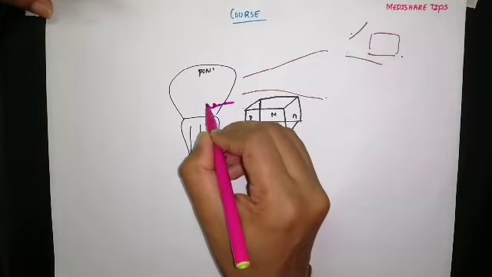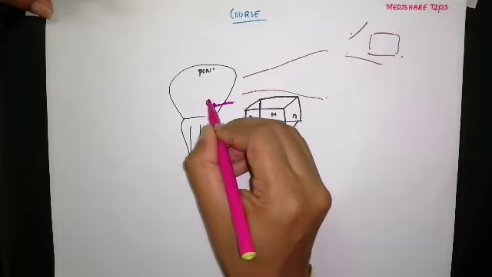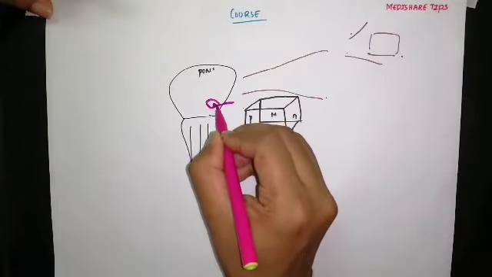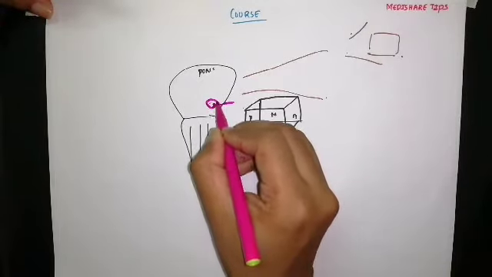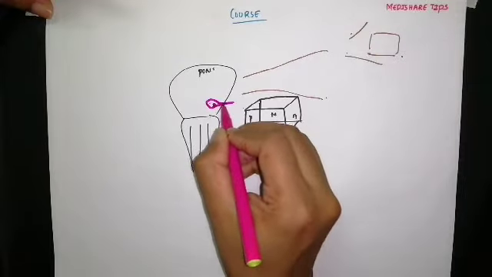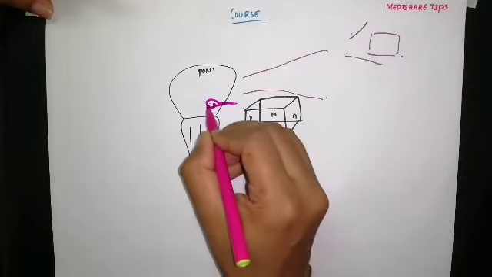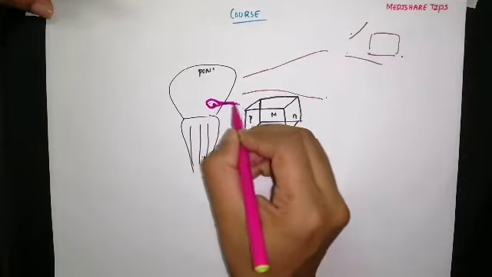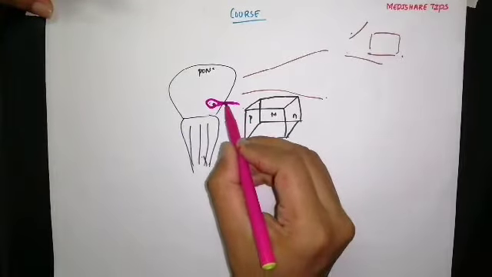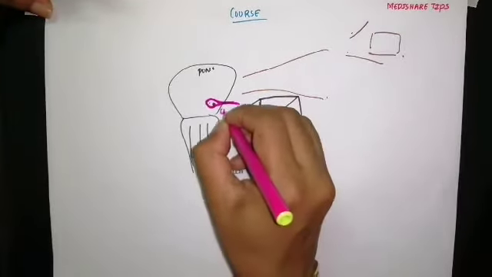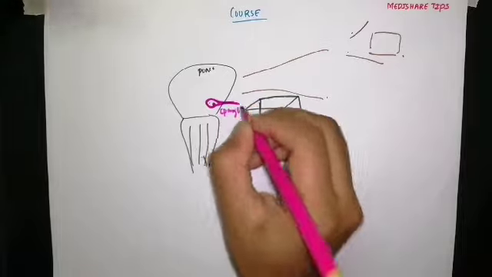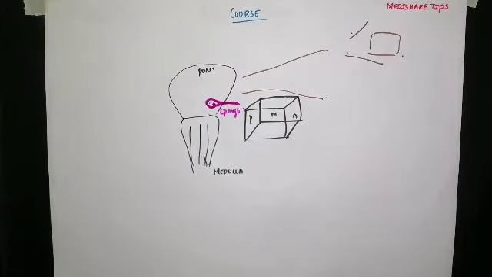It first passes like this and it takes a turn here around the abducens nucleus. Then it passes laterally, and it leaves the CP angle and enters the petrous part of the temporal bone.